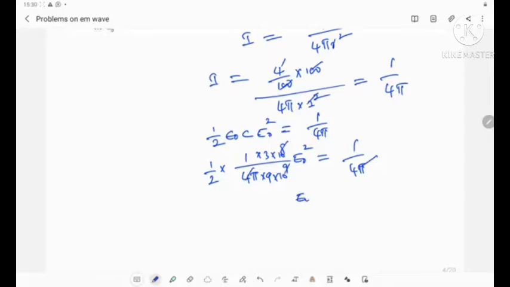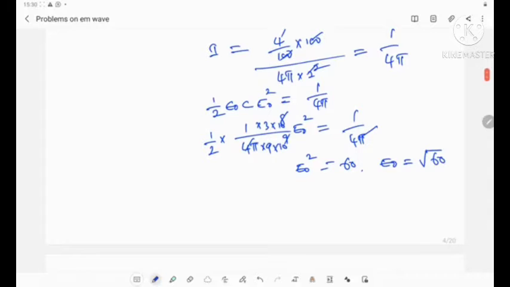Therefore here E naught square is equal to 0, 90, 30, 60. Therefore from this E naught is equal to root 60.